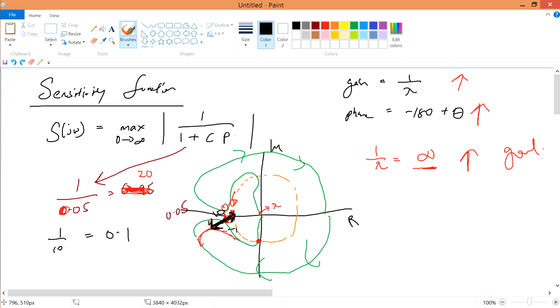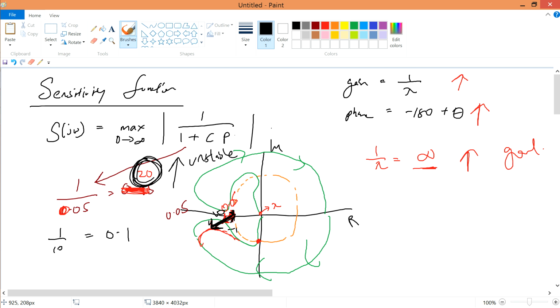If you're nearer to -1, you're more sensitive to system variations. System variations means any disturbance that will cause you to go unstable. So the higher the number, the more dangerous it is.